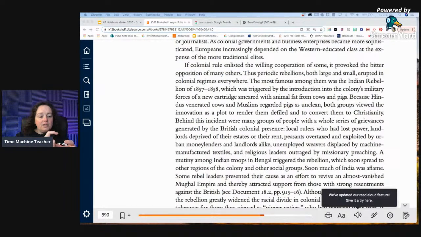And in order to use the cartridge, they had to rip it off with their mouth, and it was possible that that fat would get into their mouth. And they look at this as, you're trying to defile us and convert us to Christianity. So put down something along the lines that the Hindus and the Muslims were united in not liking the new policy of having their cartridges smeared with animal fat.